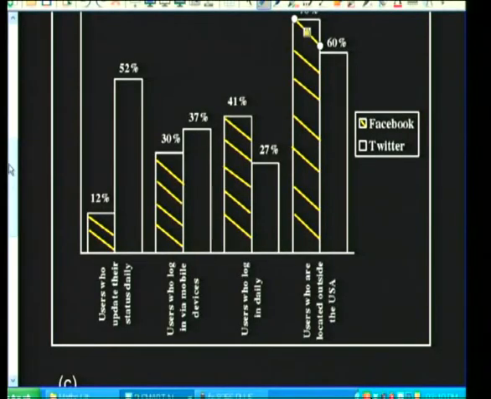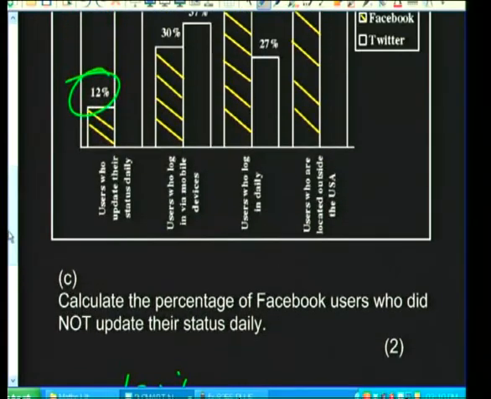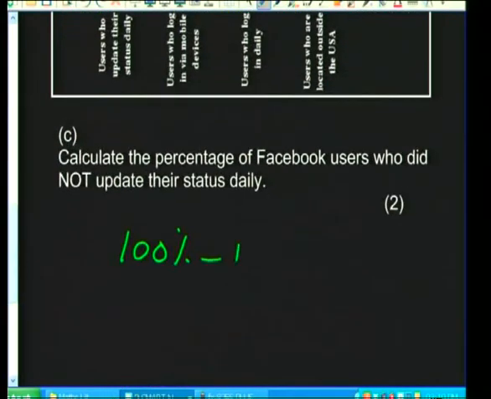So if we look at Facebook, with Facebook we're looking at our yellow color, we see that 12% of users do update daily. So how many don't? Well, a percentage is out of 100. So we've got 100% minus this 12%, and again, folks, our calculator would tell us 100 minus 12 gives me 88%.